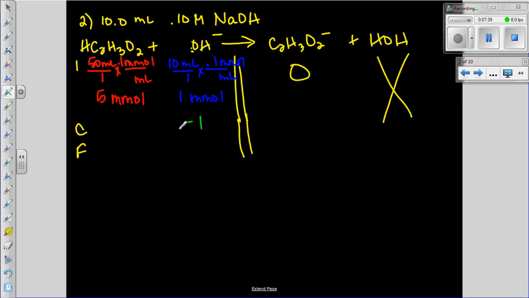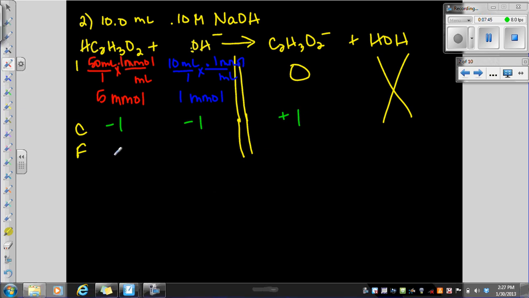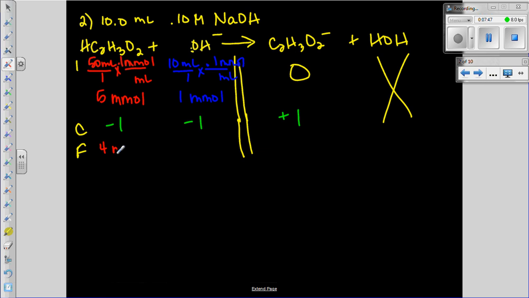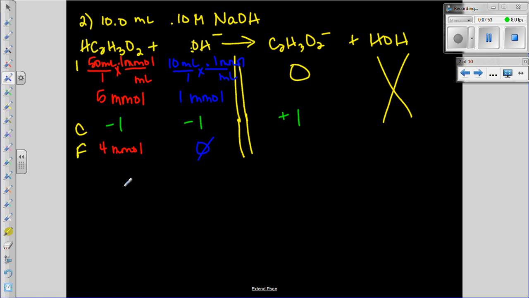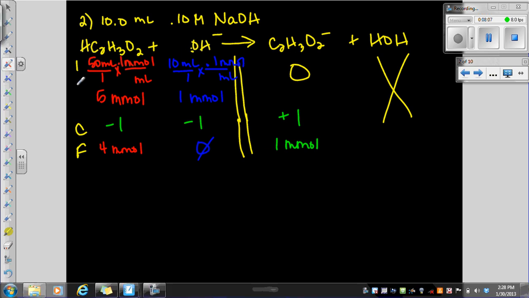So the reactant side will go down by 1 millimole, product side will go up by 1 millimole. I am left with 4 millimoles of my acetic acid. I have no hydroxide left, and I have 1 millimole of my conjugate.